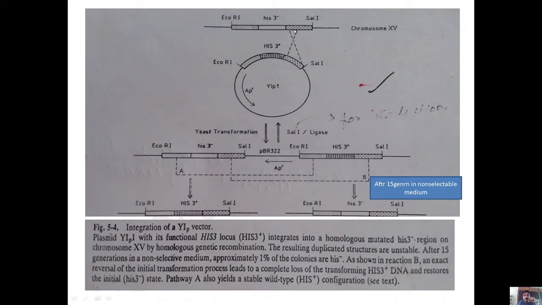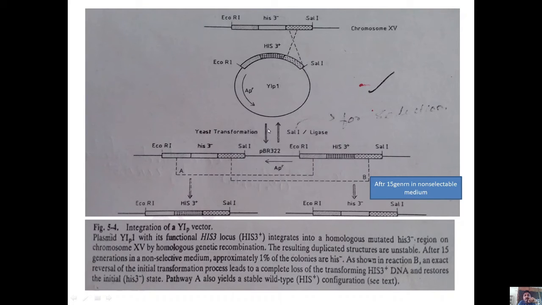So the half portion is actually from chromosome number 15, and the remaining portion of the SalI is from the vector, because the recombination process may have occurred over here. So EcoRI, HIS3 minus, then SalI.